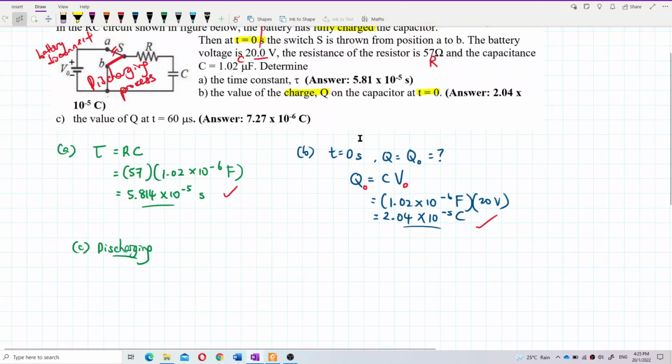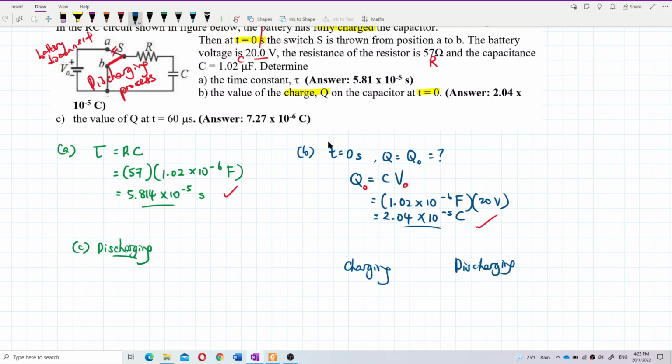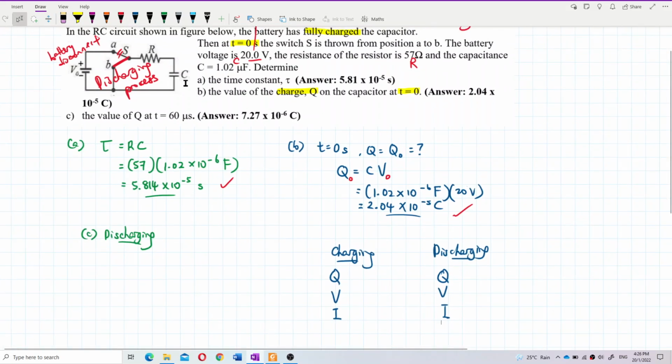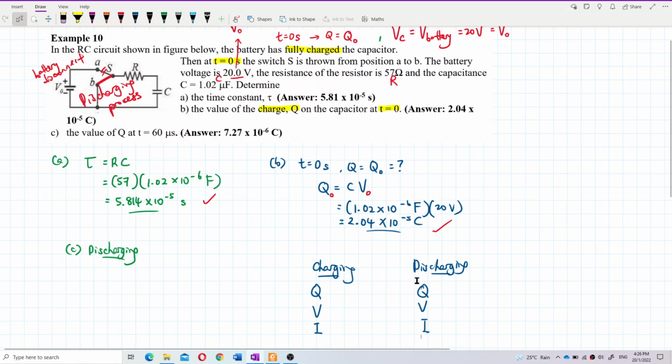Okay, back to remembering the formula, charging and discharging. We have charge, voltage, current. It's important to know whether this process is charging or discharging, because we need to know what the formula is. If it is a charging process, charge and voltage will increase, but current will decrease.